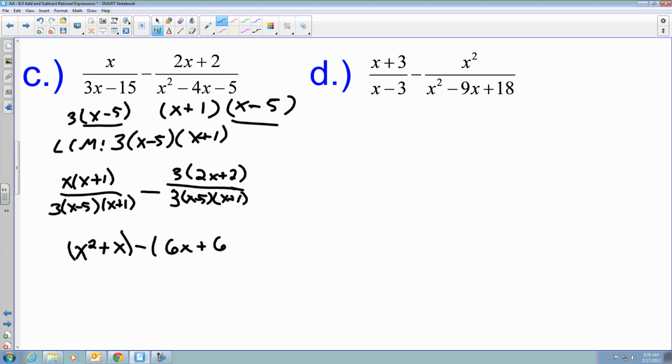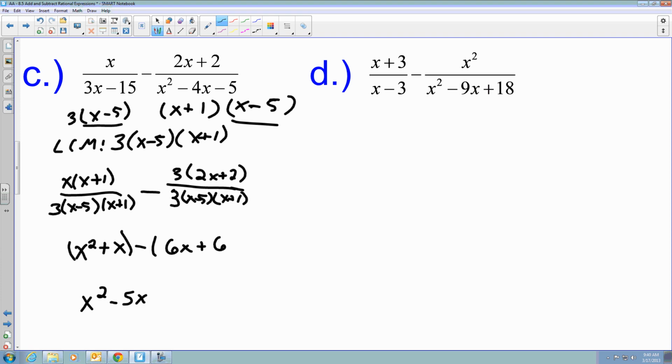And so if I put like terms together, I have x squared, and x minus 6x, that's going to give you minus 5x.